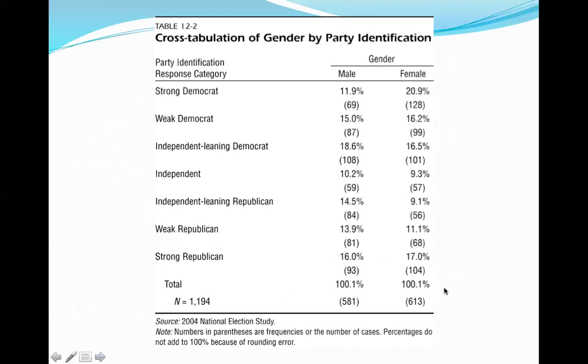In this example, they were rounded up, but what I'm looking at right here are these column totals. And then our dependent variable is the partisan identification using this 7-point scale here.